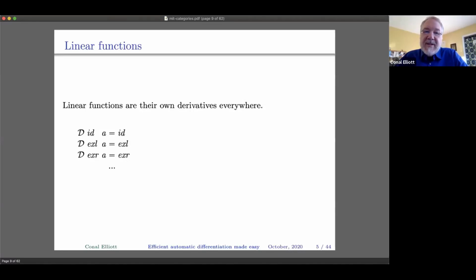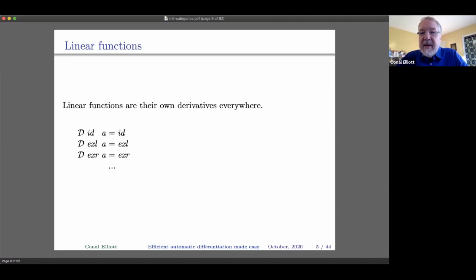So this is saying that, for instance, the identity function is linear, so the derivative of the identity function is the identity function everywhere. In other words, for all a in the domain of the identity function, the derivative of the identity function at a is id, the identity linear map. Okay.